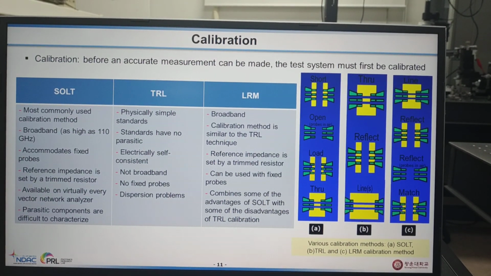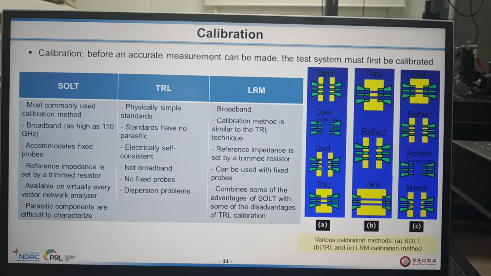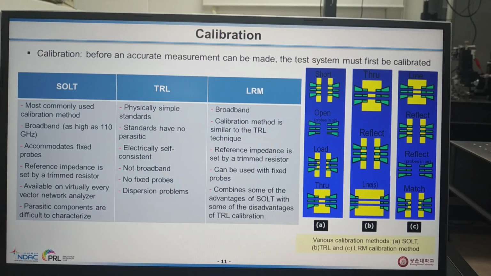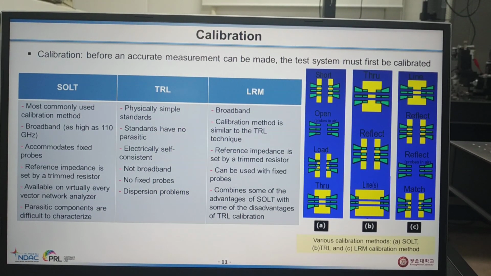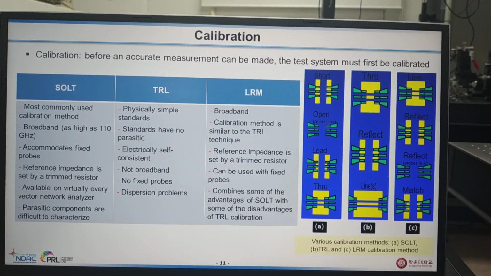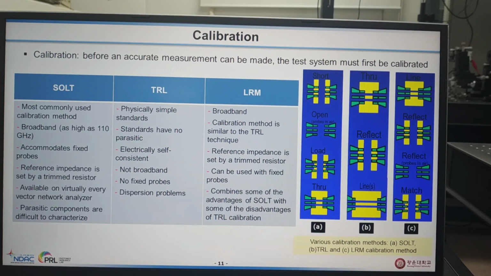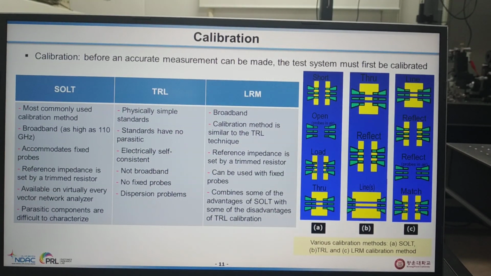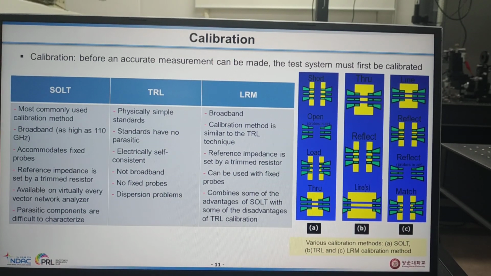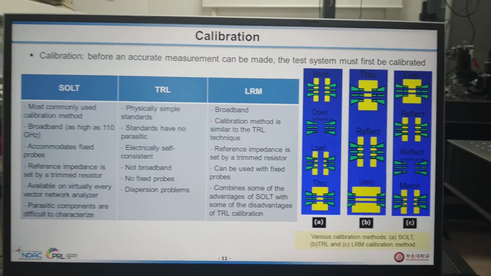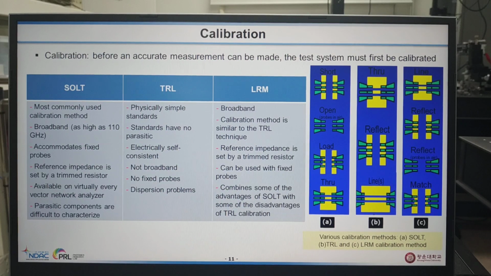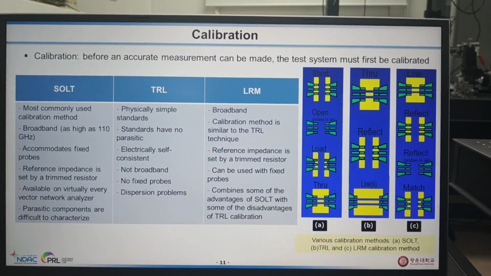For example, SOLT is the most commonly used in the practical system, and TRL has no fixed prober, but LRM can be used with fixed probers. So you can choose them based on your situation.